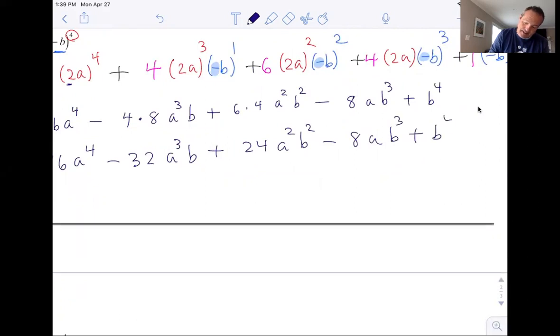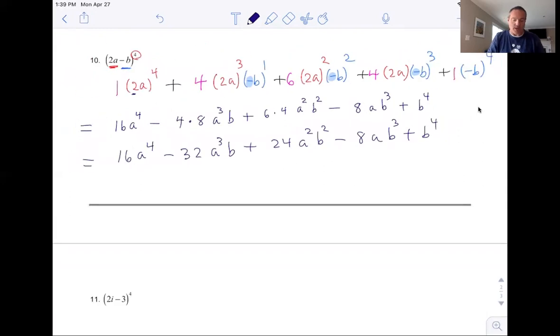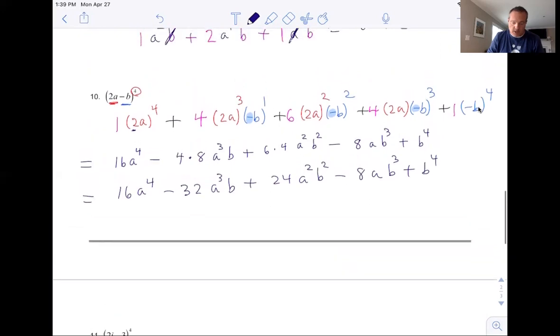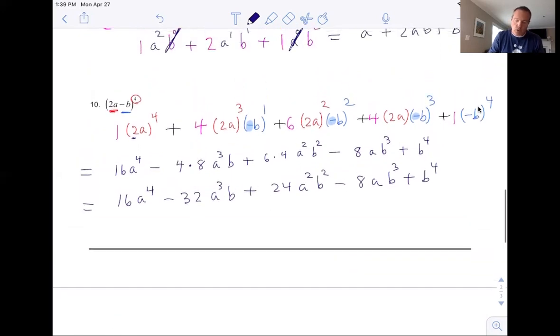Again, that seemed like a lot of work, but if you did that the long way and tried to do 2a minus b times 2a minus b times 2a minus b times 2a minus b, it really would have become difficult. A couple things I do want you to notice. Although we started with 1, 4, 6, 4, 1, those binomial coefficients, you didn't end that way, primarily because of the 2 in every term.